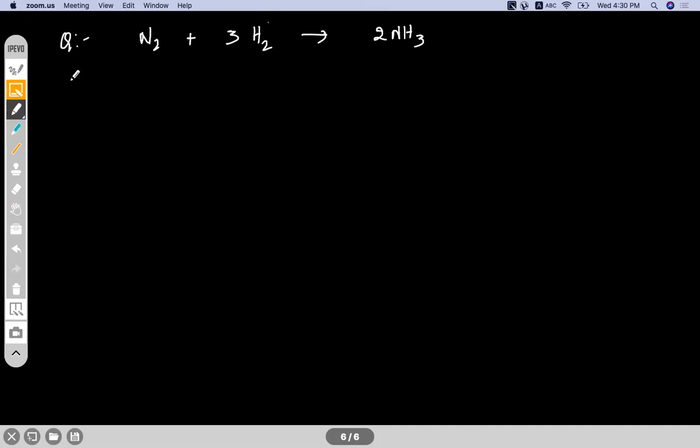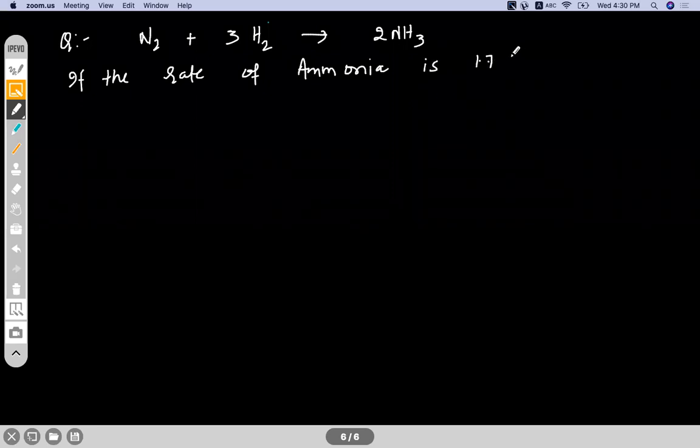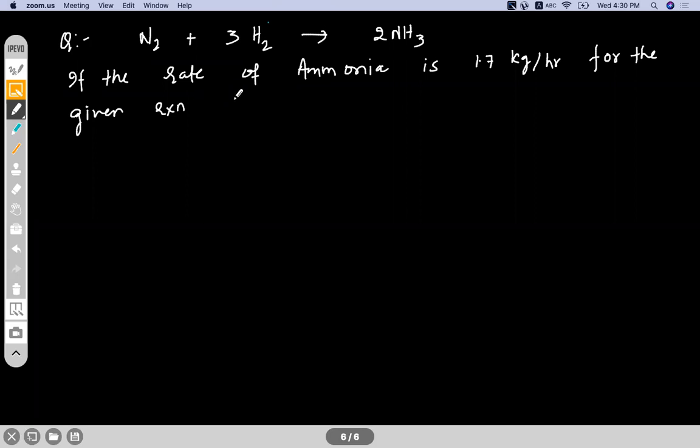If the rate of ammonia is 1.7 kg per hour for the given reaction, then calculate the rate of hydrogen, rate of H2 in gram per minute.